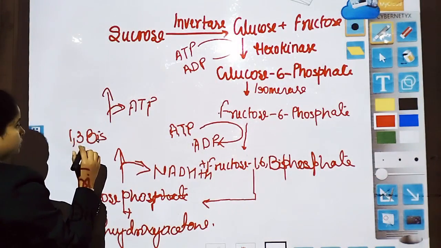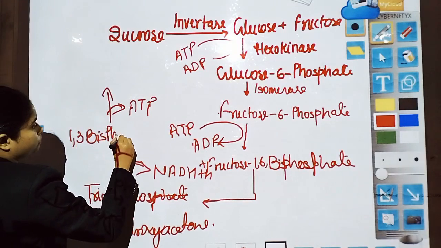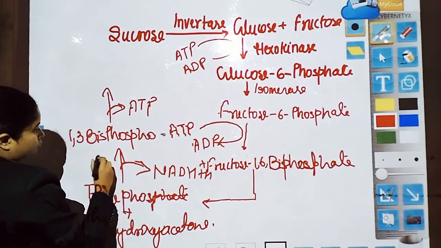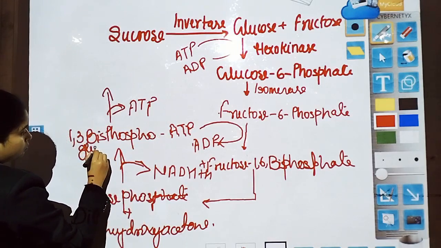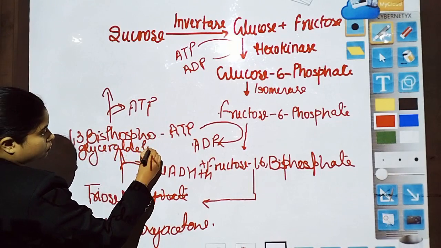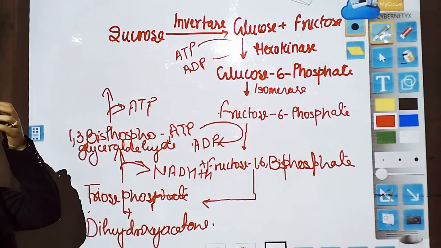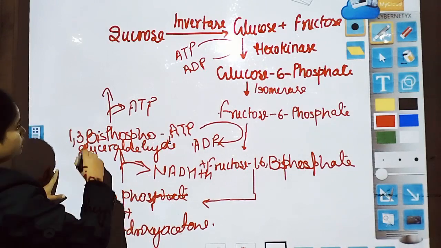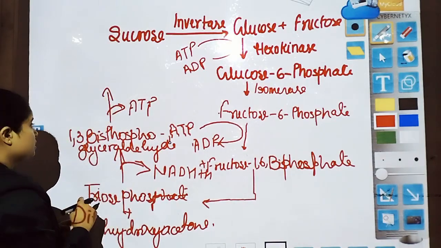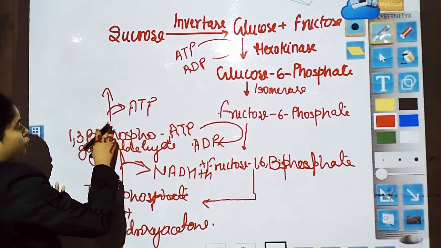The 1,3-bisphosphoglycerate undergoes ATP synthesis, where ATP is synthesized from the one phosphate used.